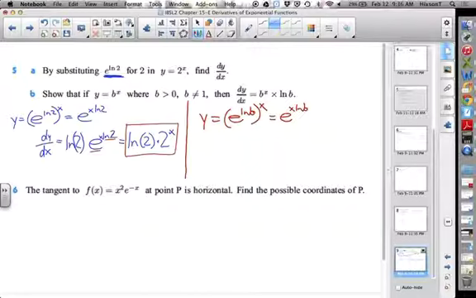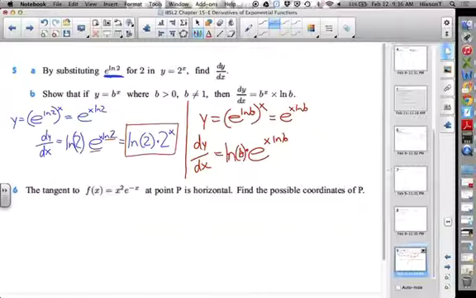So now I take the derivative. The derivative of e to something is just e to that something. Then using the chain rule, what's the derivative of x times the natural log of b? The natural log of b. So that's the natural log of b.